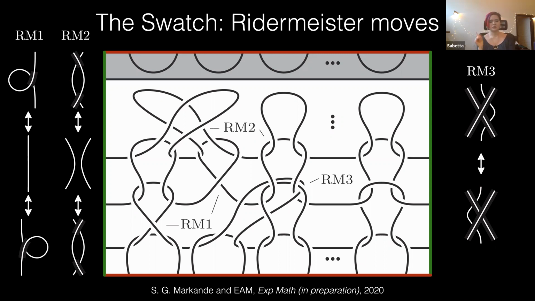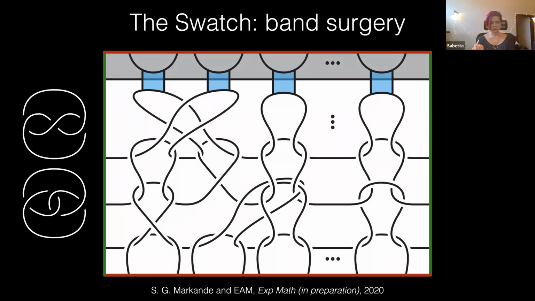So those are the 3 Reidemeister moves. These are classes of ambient isotopies that you can have in this type of planar projection of knots. I'm allowed to do that. And then at the end of the day, I do what's called band surgery from bits of loop up here to these frozen bits of my initial contractible loops.